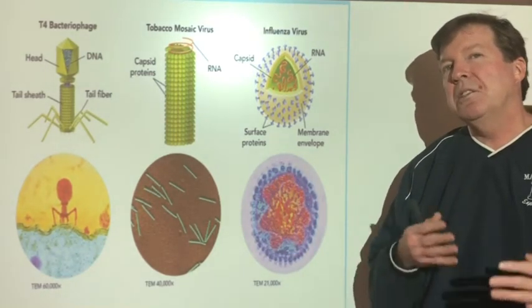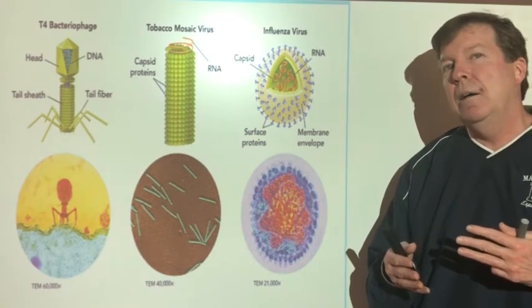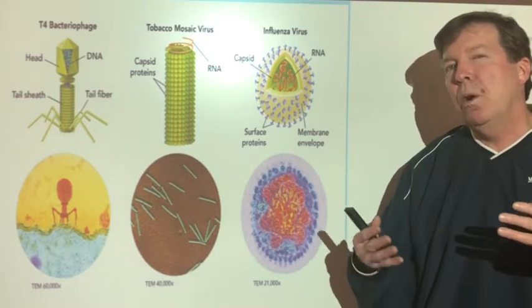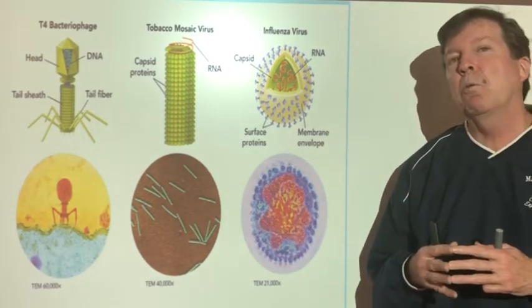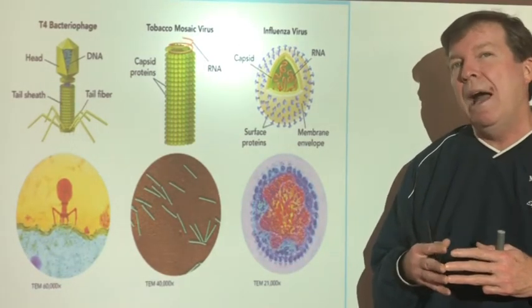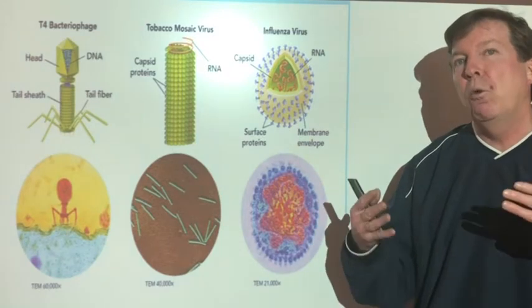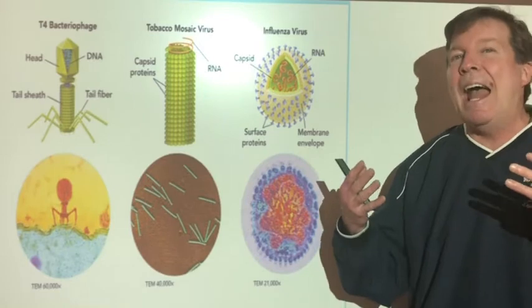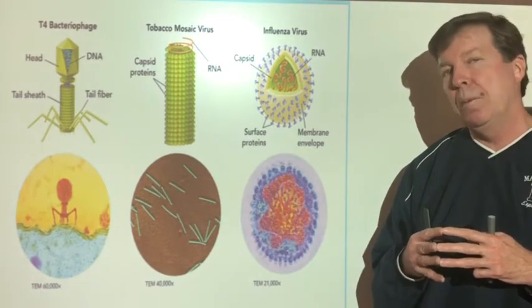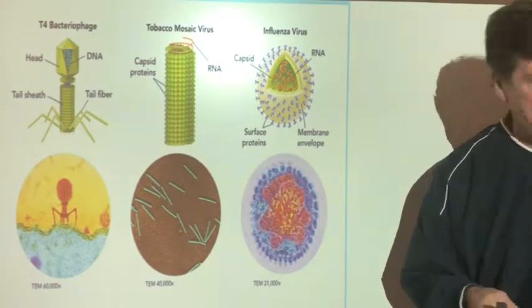We're going to use this HIV model as a way to help us understand how retroviruses, and we'll talk about what a retrovirus is in a moment, how retroviruses work, infect cells, reproduce, and wreak havoc within the human body. So let's get to that.